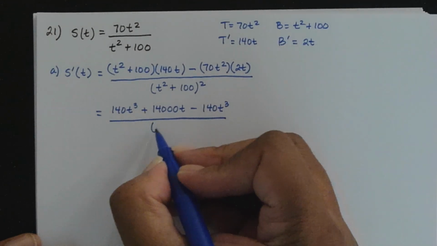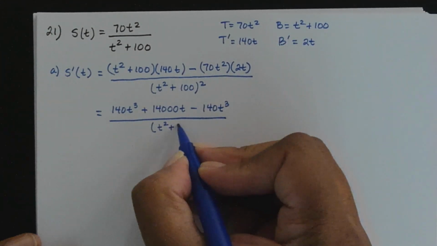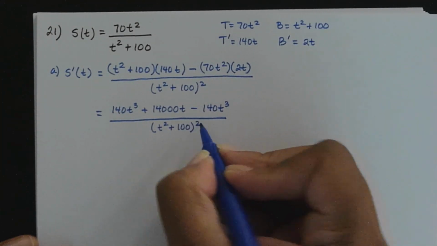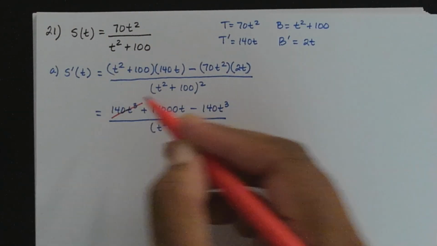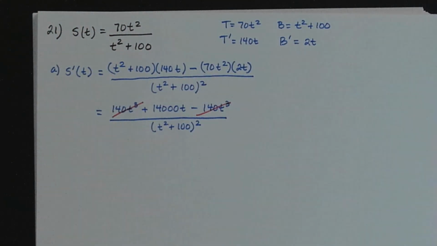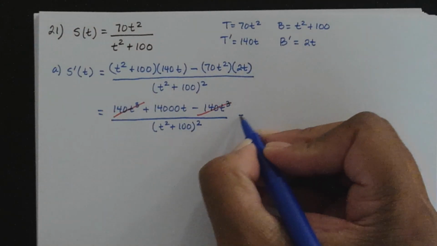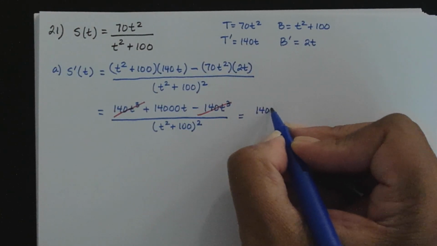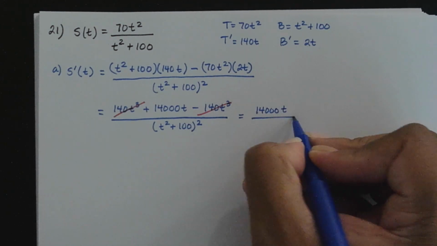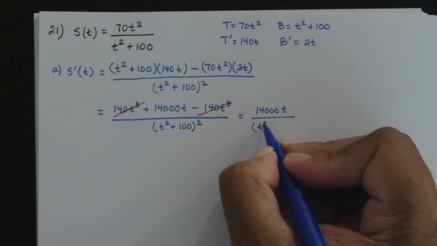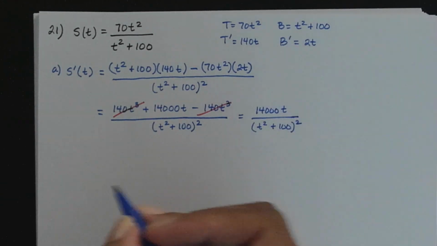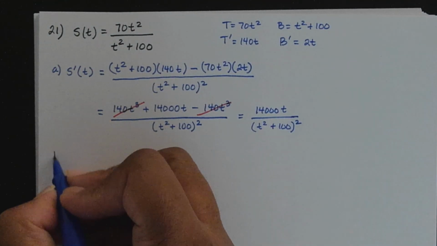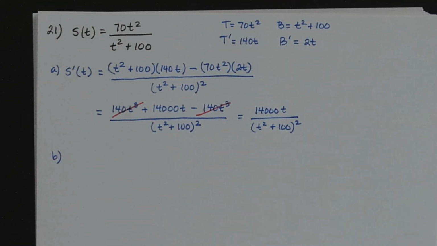That whole thing will be divided by t squared plus 100, quantity squared. Well, this is going to be simple because 140t cubed minus 140t cubed is 0. So I will end up with 14,000t divided by the quantity t squared plus 100 squared. That's S prime of t. So that was part A right there.